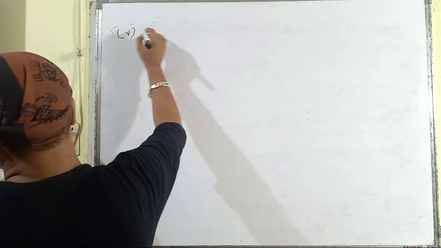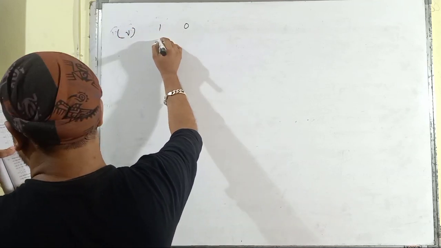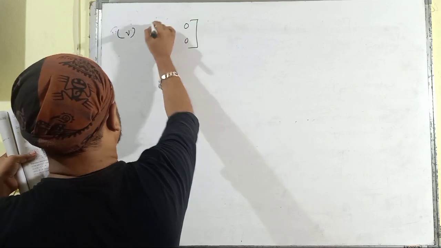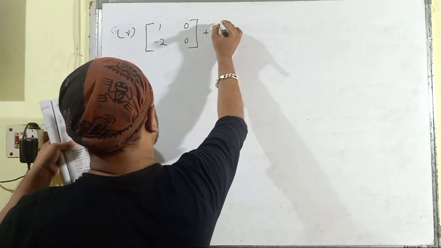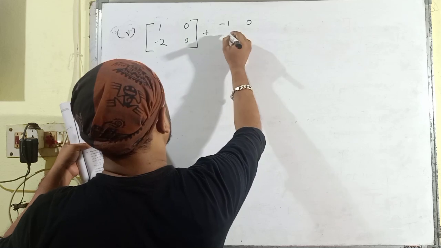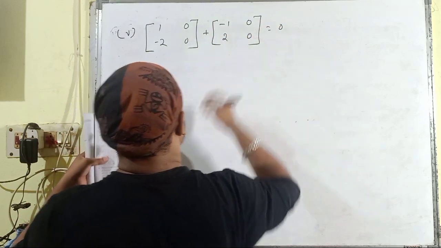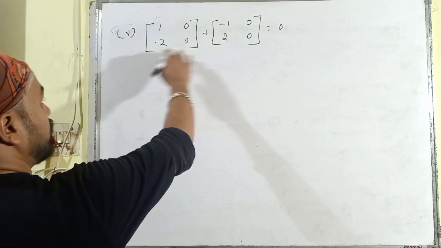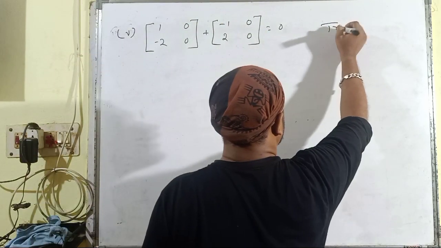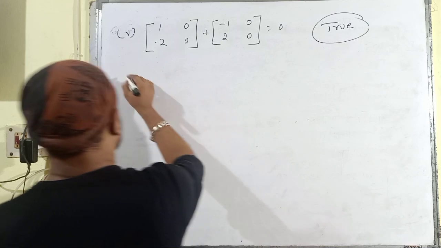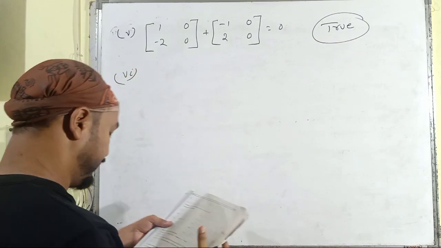The fifth bit is here, 1 0 minus 2 0 added with another matrix minus 1 0 2 0. It is given that it is a null matrix, 1 minus 1 0 0 0. Okay, this is a true statement.